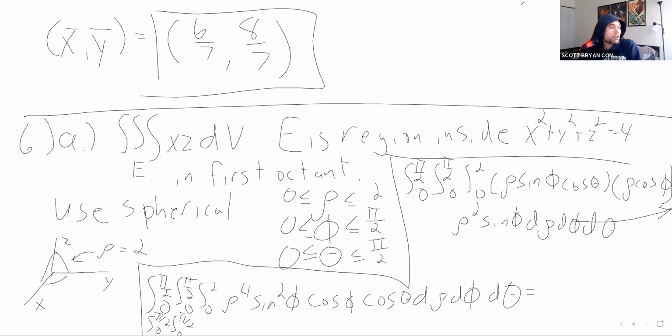Okay, so integrating with respect to rho, rho to the 4 becomes 1/5 rho to the 5. I'll skip some steps here. Let me make sure I did everything correct. Yeah, so we got 32 over 5. Sine cubed.